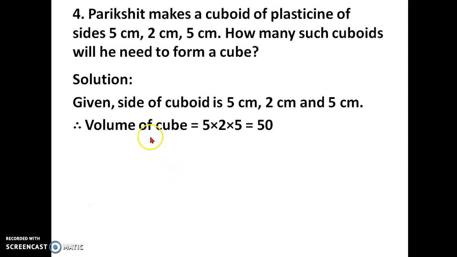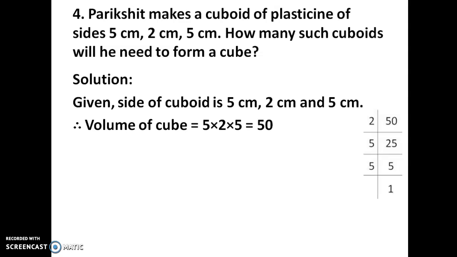That is the volume of the cuboid actually. Okay, but we need a cube now. Understood, the boy has a cuboid and we need to design a cube. Here we are multiplying in order to find the volume. So the volume we got is 50 actually.